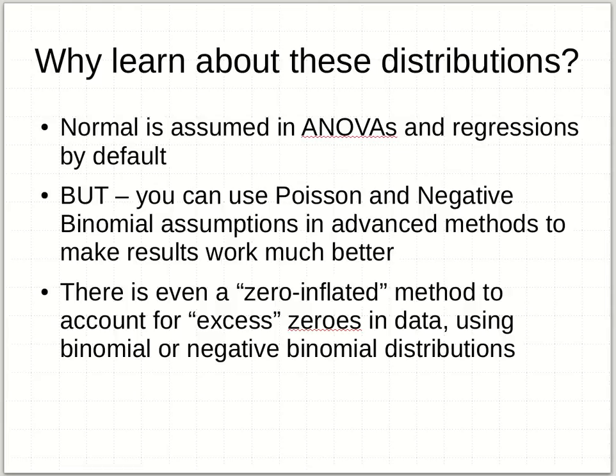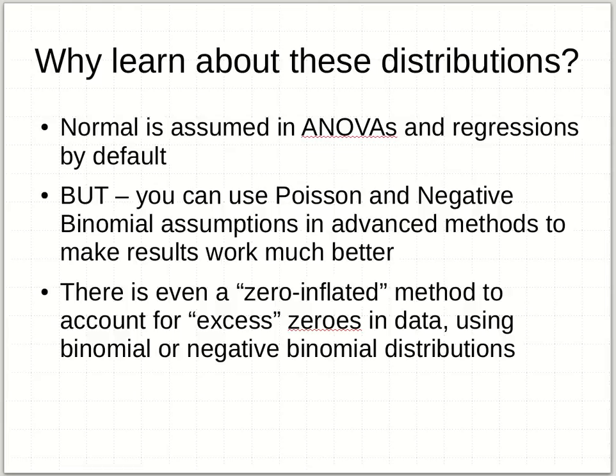And there's even, by the way, a zero-inflated method, which we won't go into because frankly the math is pretty complicated, but you need to know it's available, and again in R it's just available with a click or typing in a short command where you can say I'm going to use a zero-inflated negative binomial, for instance.